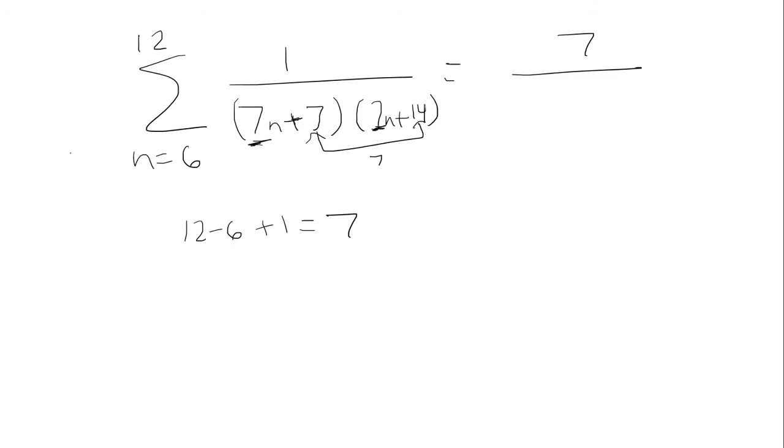And now we're going to plug in n equals 6 in for n here. So we have 7 times 6 is 42, plus 7 is 49. And then finally, we're going to plug in 12 in for n. So we have 7 times 12, which is 84, plus 14 is 98.